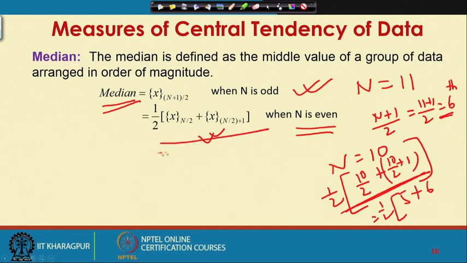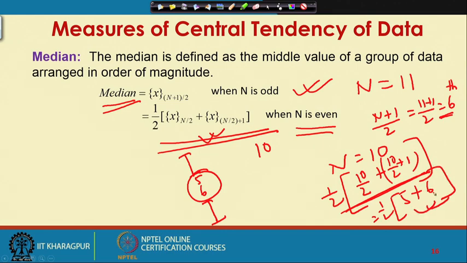So, n is even, 10, it will be 4 on top, another 4 below, and you have 5 and 6. So, this is the average of 5 and 6, the average of the fifth and sixth value.